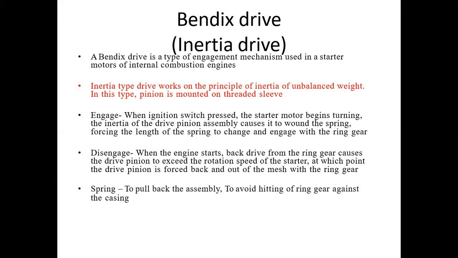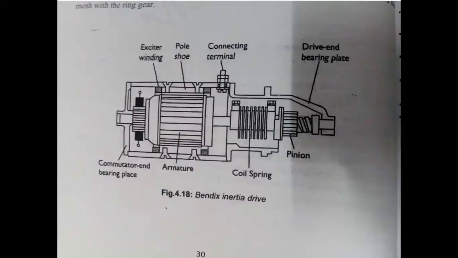Disengage: when the engine starts, back drive from the ring gear causes the drive pinion to exceed the rotation speed of the starter, at which point the drive pinion is forced back and out of mesh with the ring gear. The spring pulls back the assembly to avoid hitting the gear against the casting. So this is the Bendix inertia drive example model.